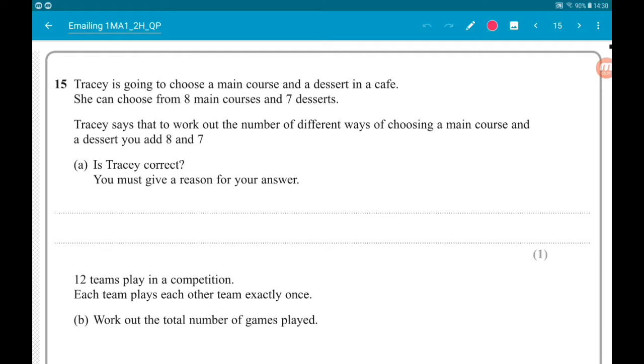You must give a reason for your answer. So Tracy is not correct. What you want to do is multiply 8 by 7. For each of the 8 main courses, you can choose 7 different desserts. So 8 times 7 would be 56.